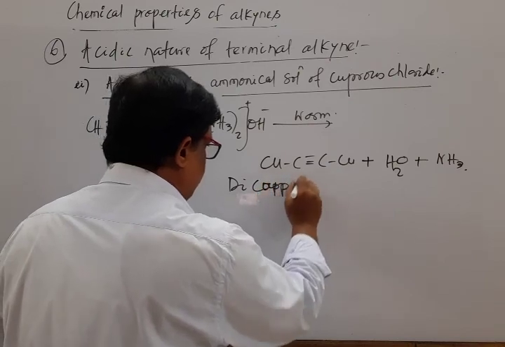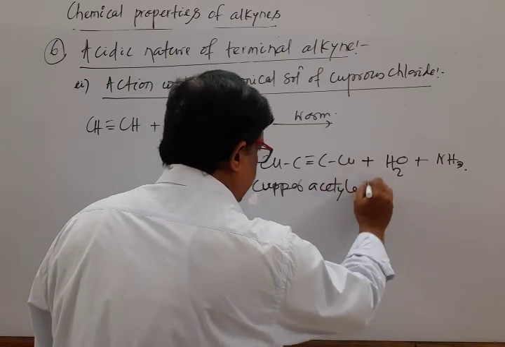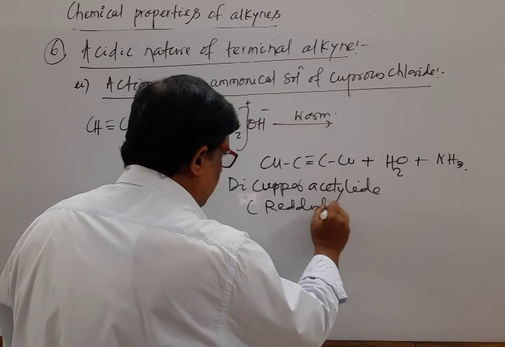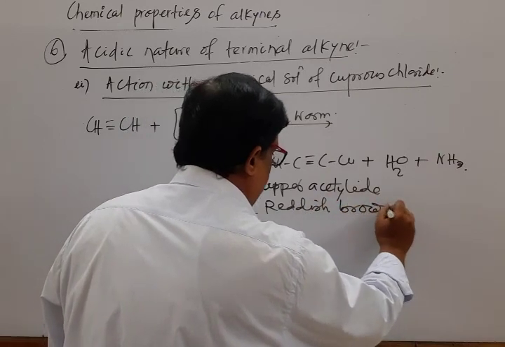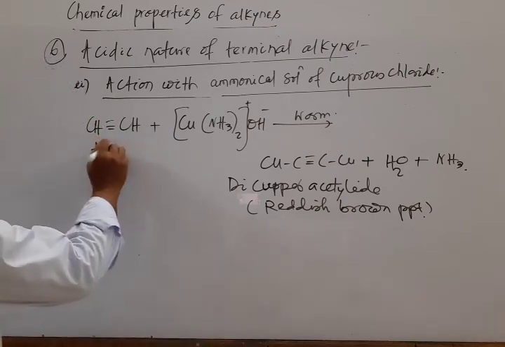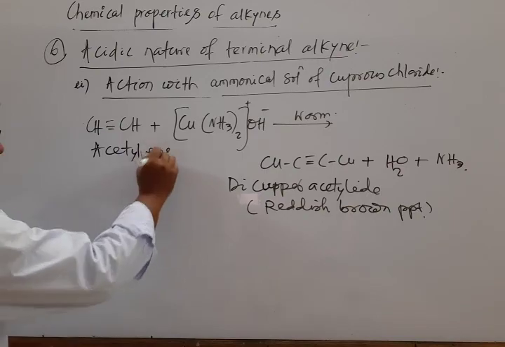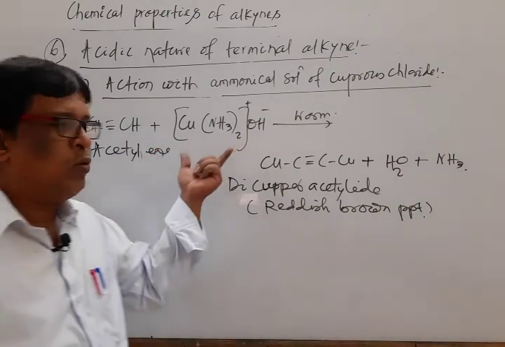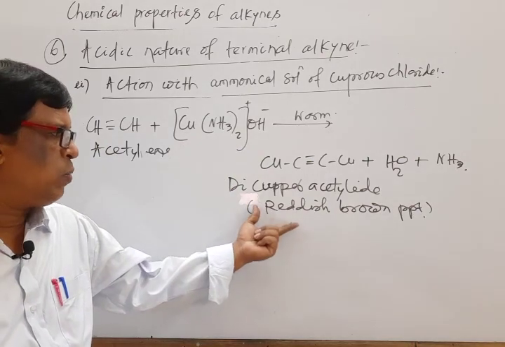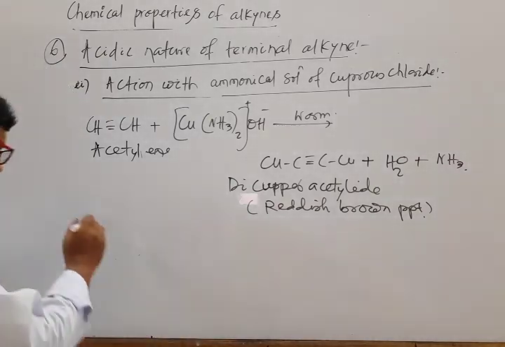Dicopper acetylide, that is a reddish brown precipitate. Okay, so what is the common statement? When acetylene is warmed with ammoniacal solution of cuprous chloride, a reddish brown precipitate of dicopper acetylide is formed. Okay, note down.